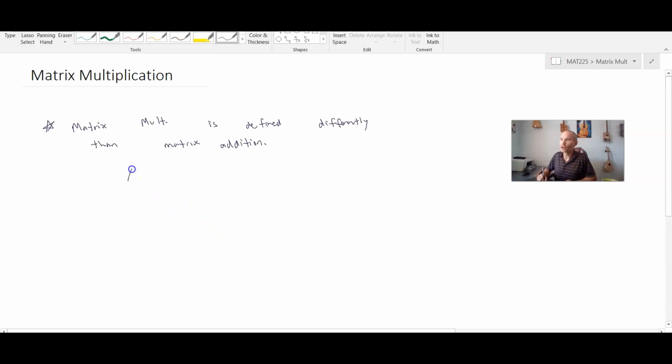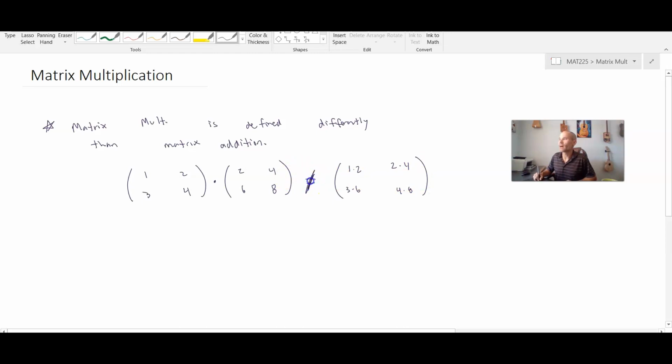But on first look, when you see something like this, you have two matrices of the same size that you want to multiply together. This right here is unfortunately not equal to 1 times 2, 2 times 4, 3 times 6, 4 times 8.